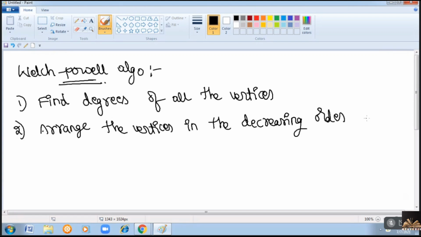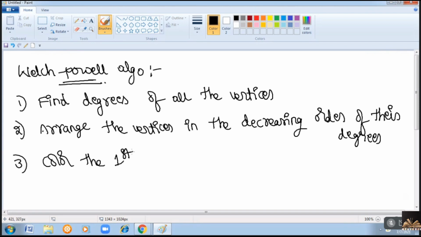Decreasing order of their degrees. This is the second point. Now, third point is color the first vertex with a new color. Color the first vertex in the series with a new color.